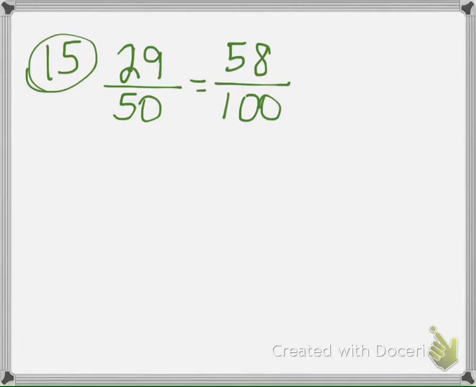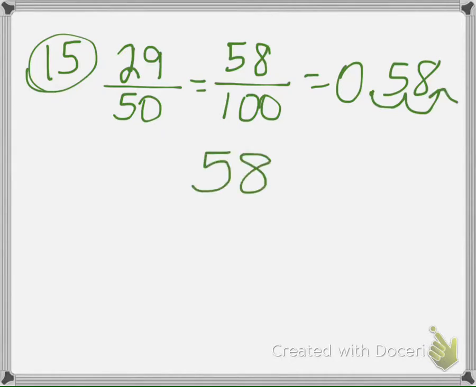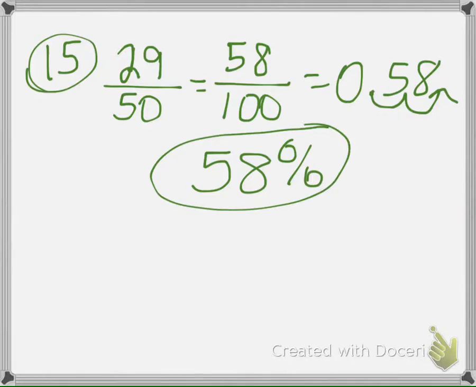So to write that as a decimal, it was 0.58. And all you're going to do to write that as a percent is move your decimal 2 places to the right, and you have 58%. I used the same examples from before to make that easier on us, but that's how you would do that.